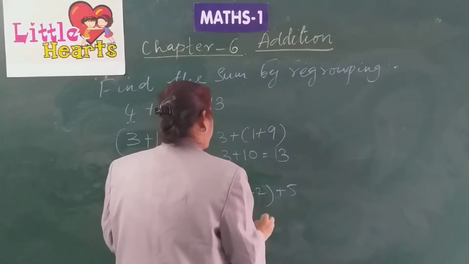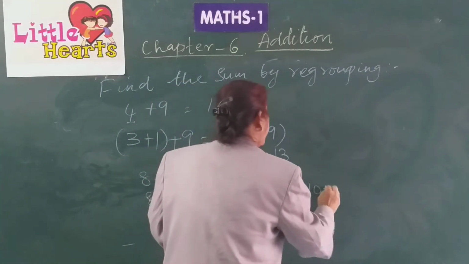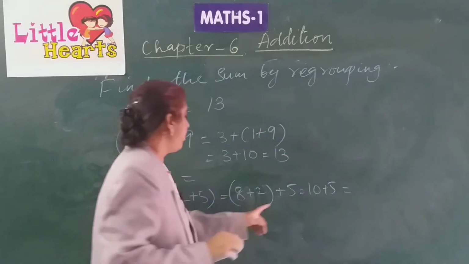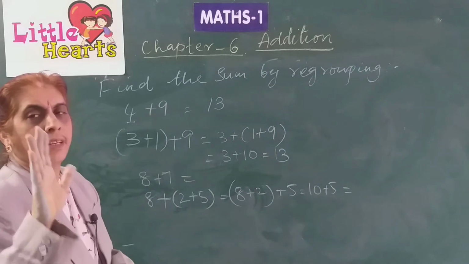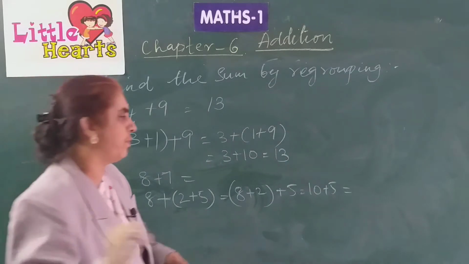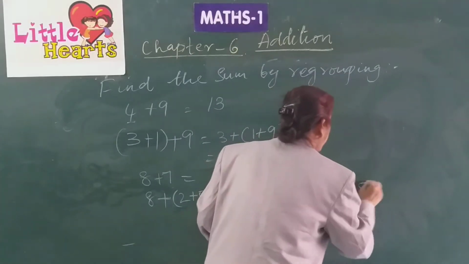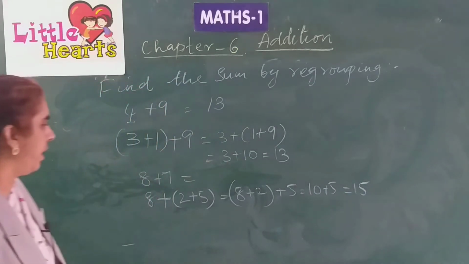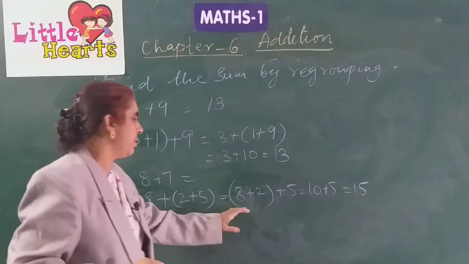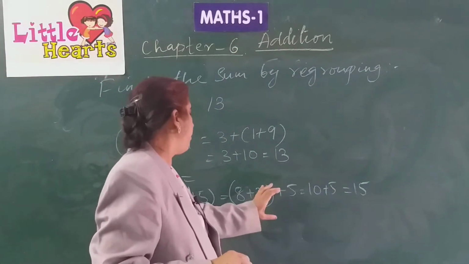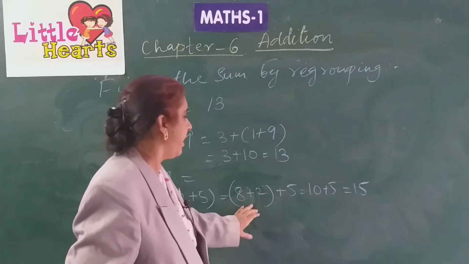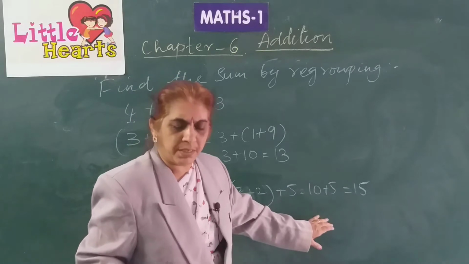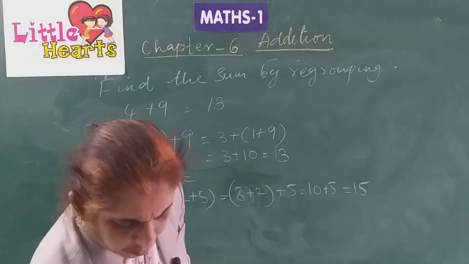For that, 5 is added. 10 plus 5: take 5 fingers, count after 10: 11, 12, 13, 14, 15. In this way, numbers are regrouped and added, and you make a comfortable calculation to get 10, so that addition becomes easy.